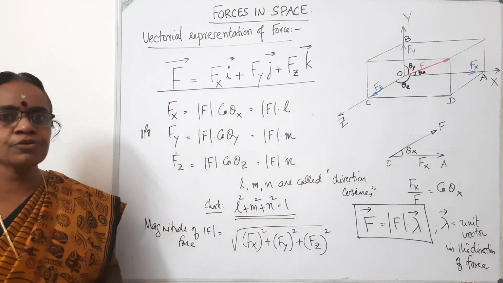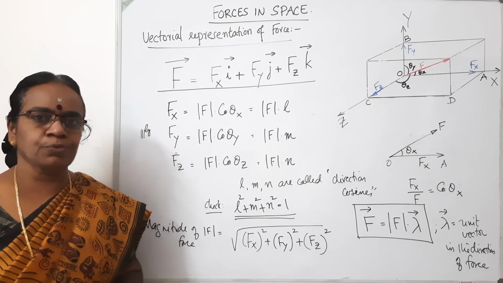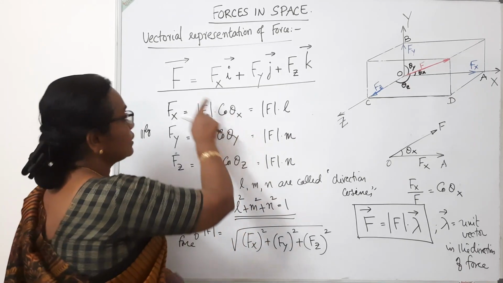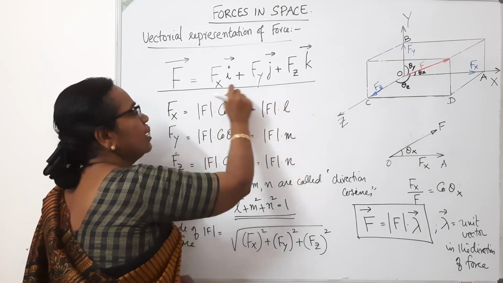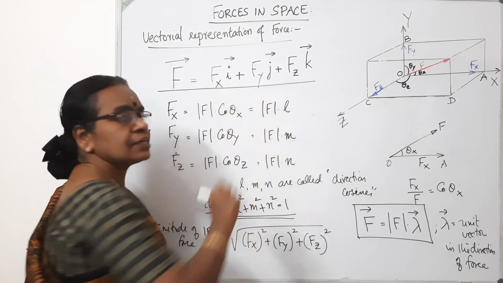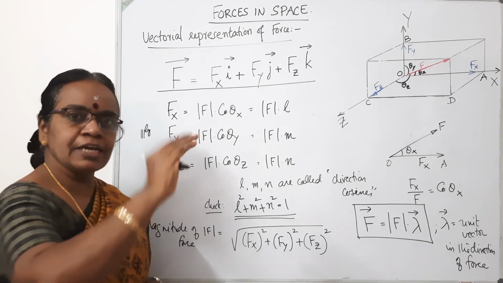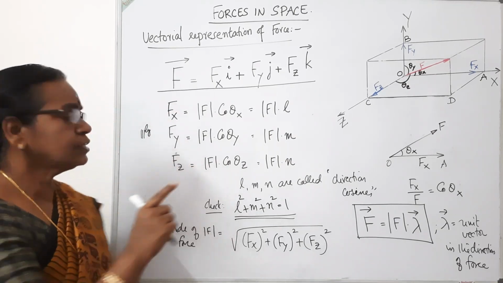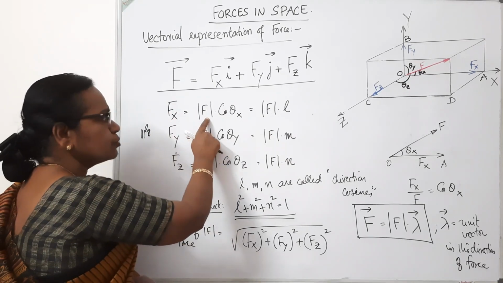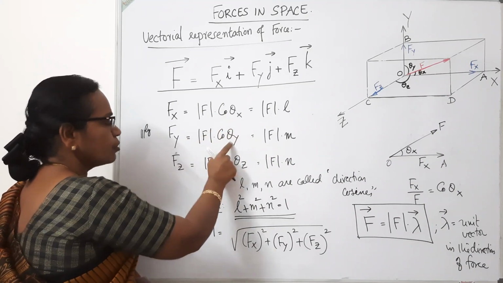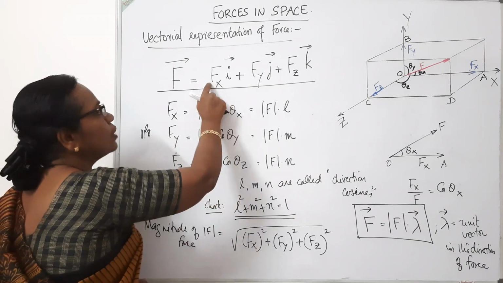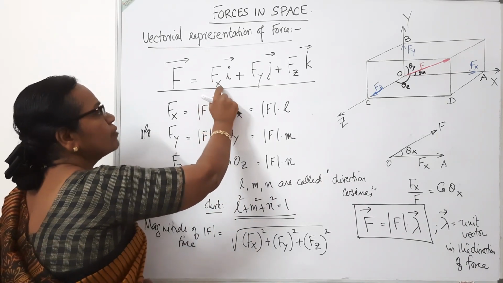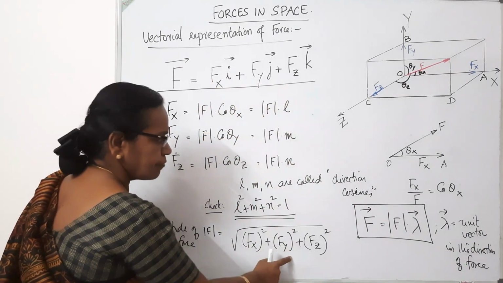So we will be making use of all these things in all the coming numerical examples. So a force vector F is represented as Fx i plus Fy j plus Fz k, where Fx, Fy, Fz are the components of the force in x, y, z directions, and each of these is written as Fx equals magnitude of force into cos theta x, F cos theta y, F cos theta z, where the magnitude of force is given by the square root of Fx square plus Fy square plus Fz square.